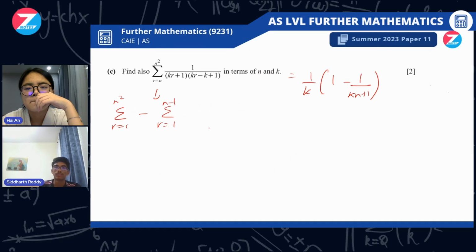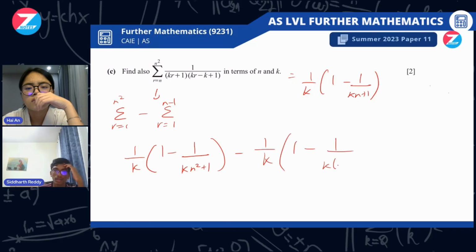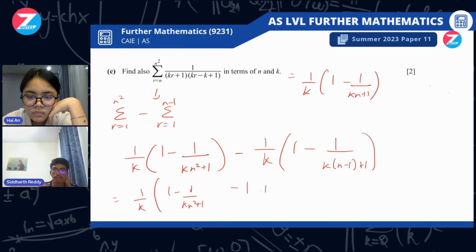So let's substitute first n square. When we substitute n square, we get 1 by k into 1 minus 1 by k to the n square plus 1, minus, let's now substitute n minus 1. So we get 1 by k into 1 minus 1 by k to the n minus 1 plus 1. Let's factor out the 1 by k. So this is equal to 1 by k into 1 minus 1 by k to the n square plus 1 minus 1 plus 1 by k to the n minus 1 plus 1.